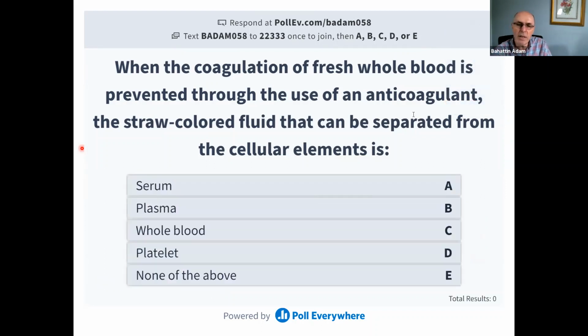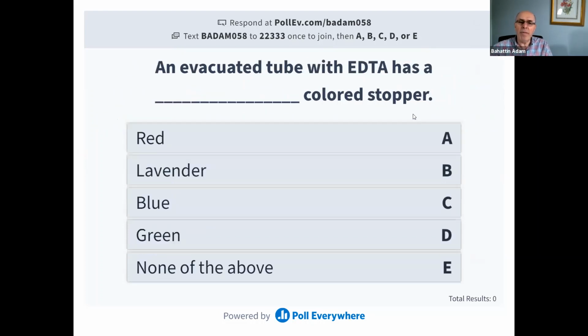Now let's see. An evacuated tube with EDTA has which colored stopper?